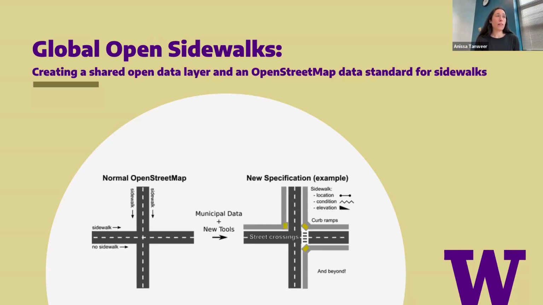And what they found was that writing the algorithm to do that routing is the easy part. The hard part is that there's not a lot of good data about the pedestrian environment. So a bigger and more challenging aspect of their work became figuring out how to populate the map with relevant data. The project we took on was part of the Global Open Sidewalks project.